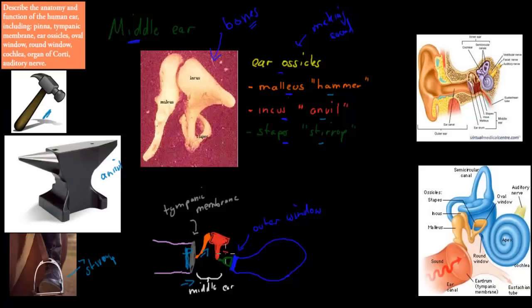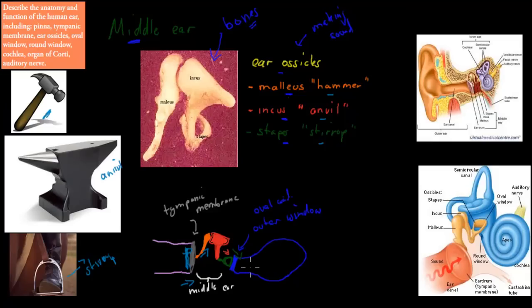That will push towards the stirrup, and then the last bone, the stirrup, pushes onto the oval window. So basically, again, it's just a transfer of energy from the tympanic membrane to the oval window, and in between, the one thing that makes it happen are these ear ossicles, which are all shaped differently to allow movement, to allow the sound to be changed into mechanical energy, and then to activate the oval window of the cochlea.